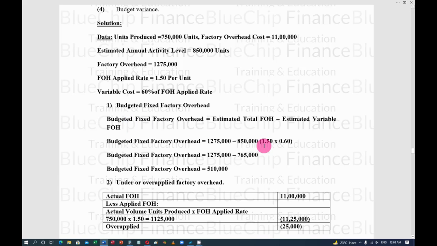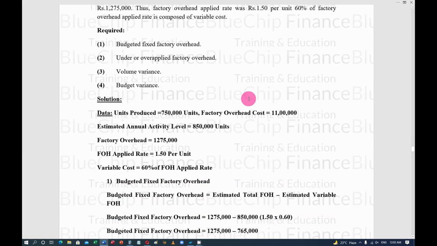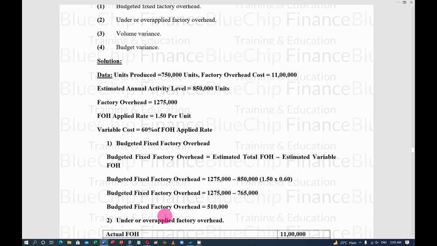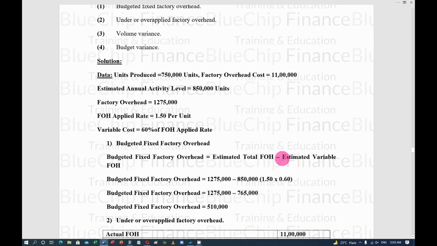The budgeted activity level is 850,000, multiplied by the variable rate, which we already calculated as 1.50 multiplied by 0.60.